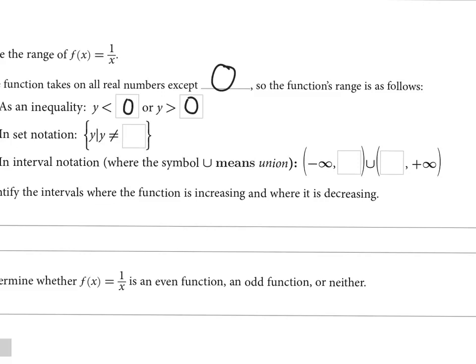Can be either one. And then in set notation, we say it's y such that y cannot equal 0. Which just means, again, that y can be any number we want it to be except for 0. That's the only thing it can't be. Same idea in interval notation, negative infinity to 0, union 0 to infinity, and those are in parentheses and not brackets.